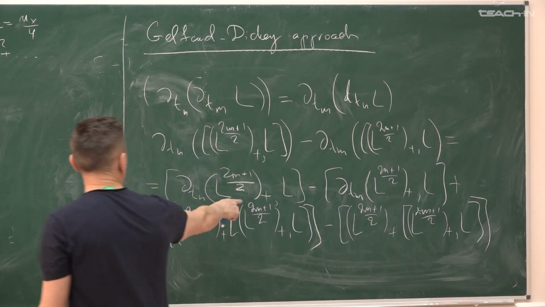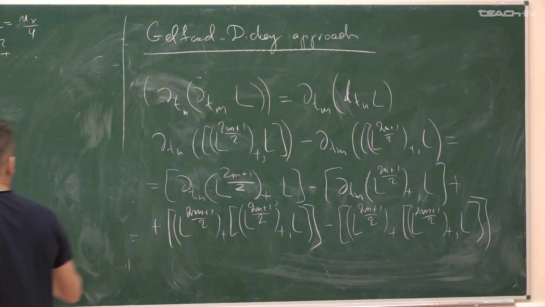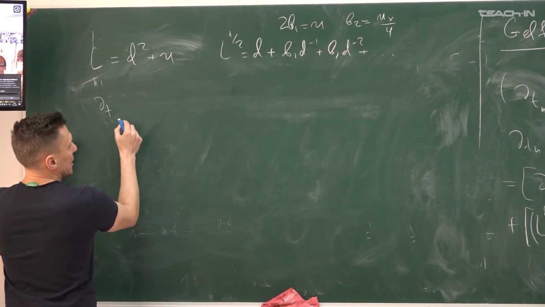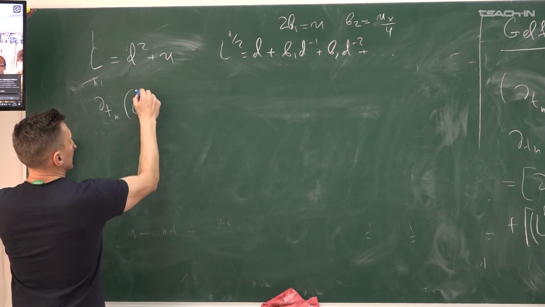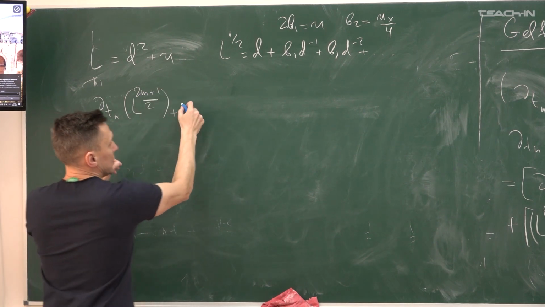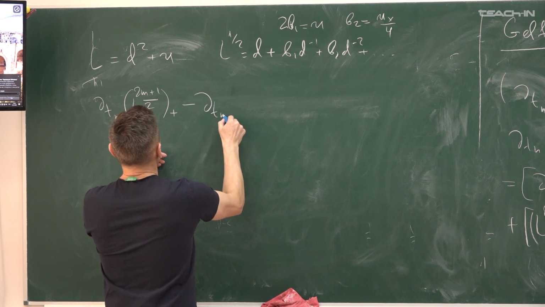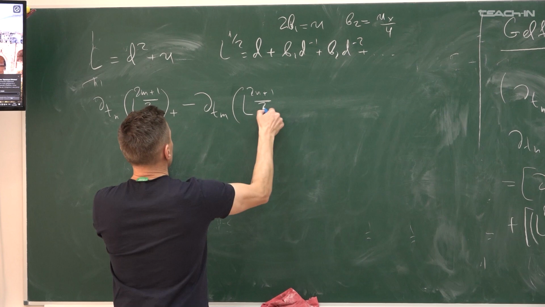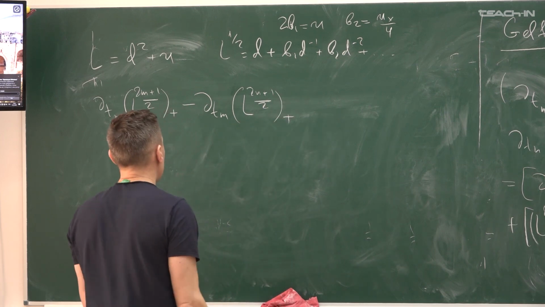So I'd like to expand in detail the following expression: dtm of L^((2m+1)/2)_+ minus dtm of L^((2n+1)/2)_+.